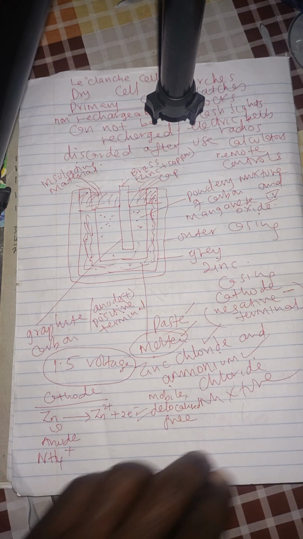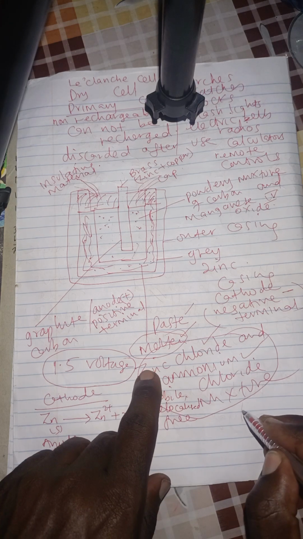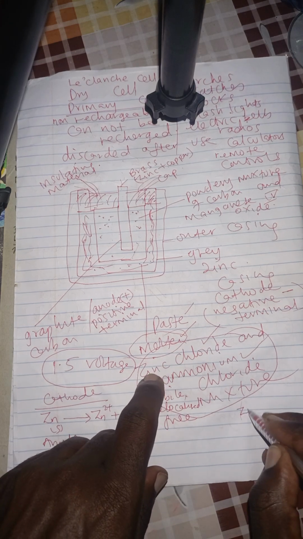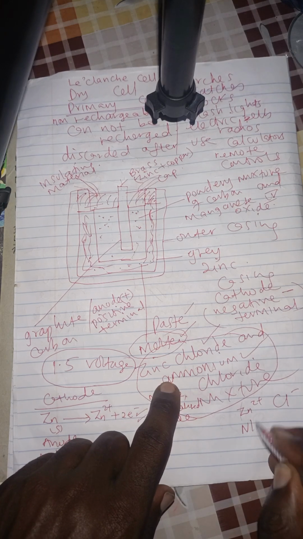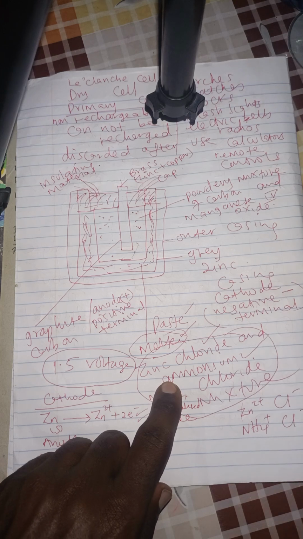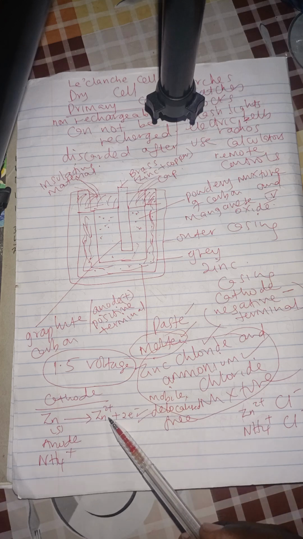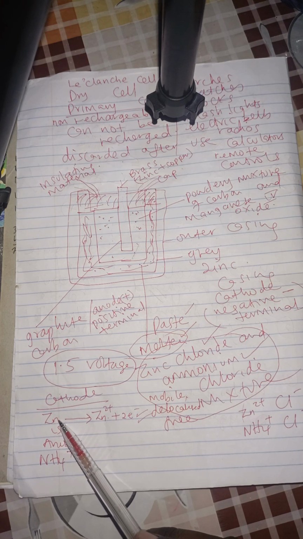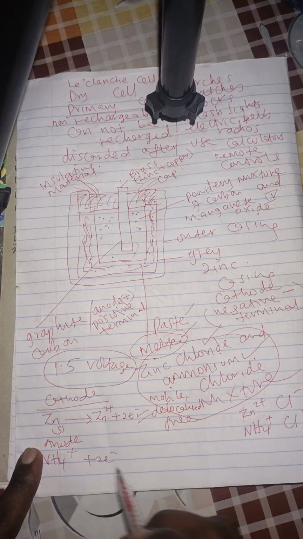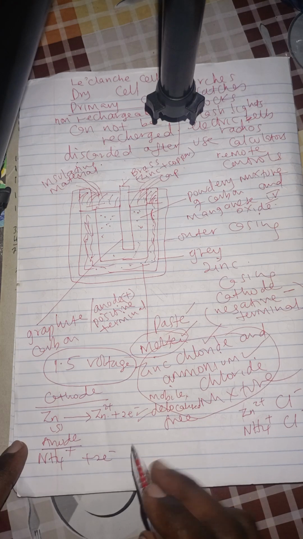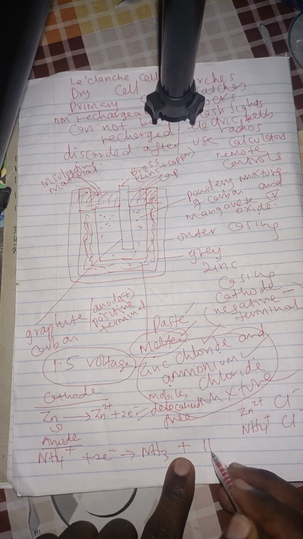Where are these ions coming from? Remember, I've told you that this mixture is in molten state. So expect to find in zinc chloride, zinc ions and chloride ions. In ammonium chloride, you expect ammonium ions and chloride ions. So the zinc ions can add on to the ions formed when the zinc dissolves, and these ammonium ions are able to gain the two electrons lost at the cathode. They can form ammonia gas and hydrogen gas.